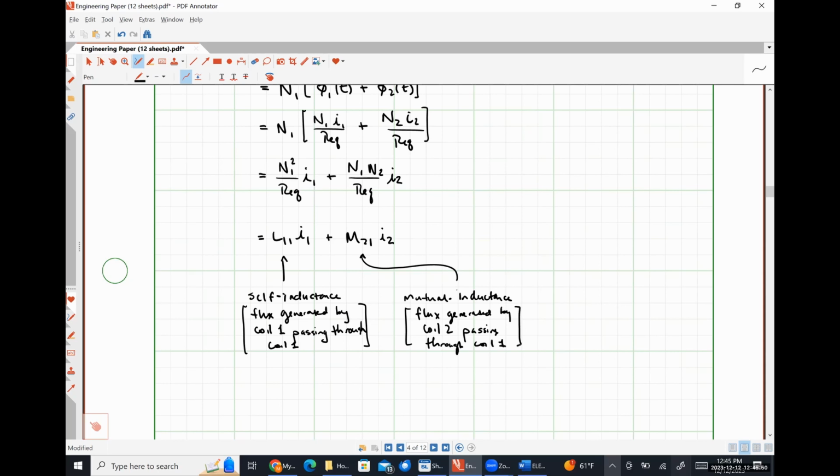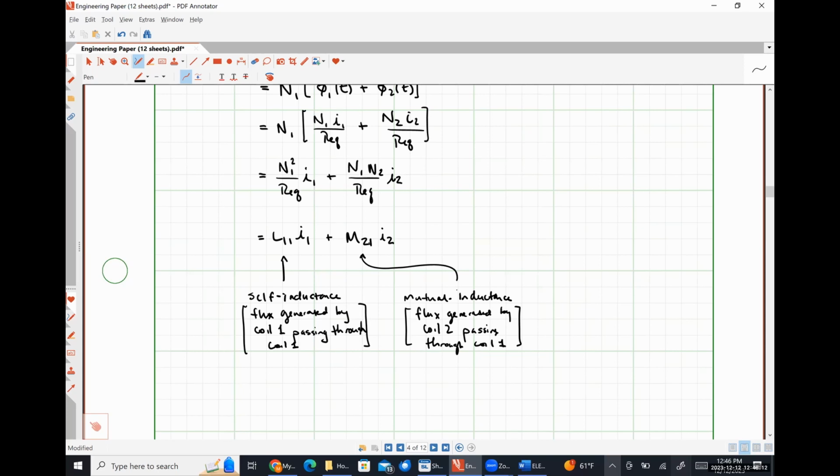So we're going to be dealing with subscripts a little bit here now. Let me make that 2 look more like a 2. The first subscript is where the flux is coming from, and the second subscript is what the flux is flowing through. That's the convention that we're going to use for this particular class.